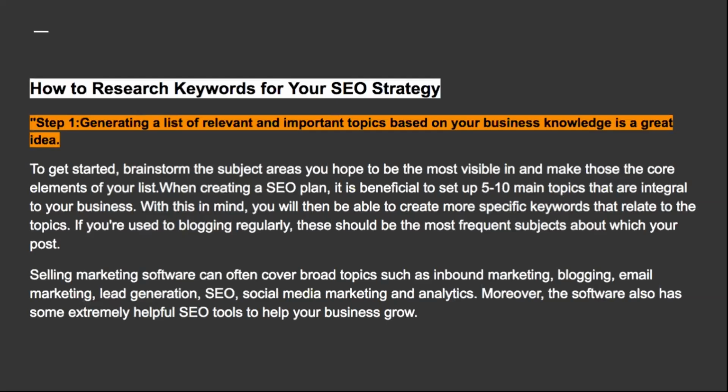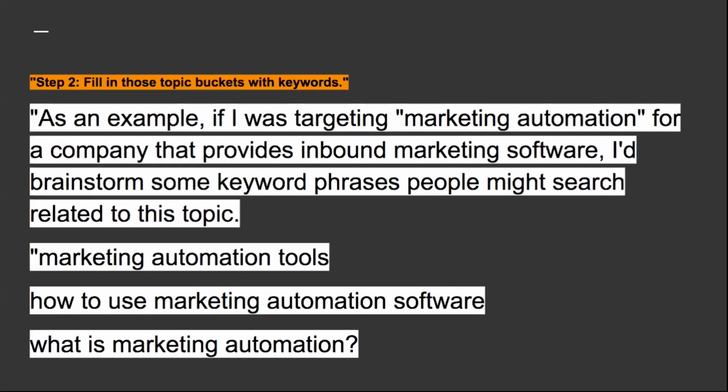So the next phase, after we've done the research for our keywords to use for these SEO strategies, is to fill these topics with phrases, and this is where we come to step 2 now. As an example, if I was targeting marketing automation for a company that provides inbound marketing software, I would brainstorm some keyword phrases people might search related to this topic.